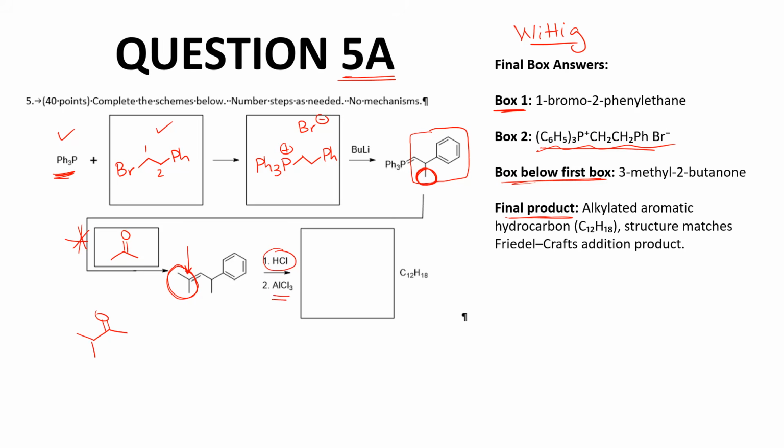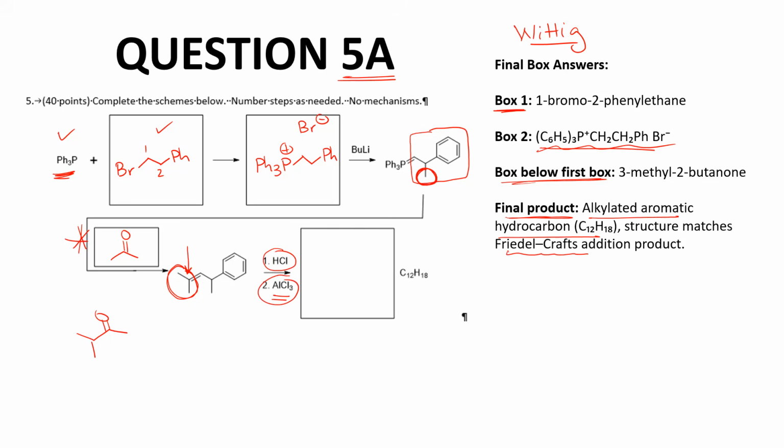And then we'll do an intramolecular Friedel-Crafts alkylation. Students can't stand intramolecular processes, but it's simply something we've seen before. And ChatGPT knows this is going to be an alkylated hydrocarbon that matches the Friedel-Crafts addition product. Oh, okay, it's pretty good. It probably saw the aluminum trichloride and recognized that that's a pattern match.